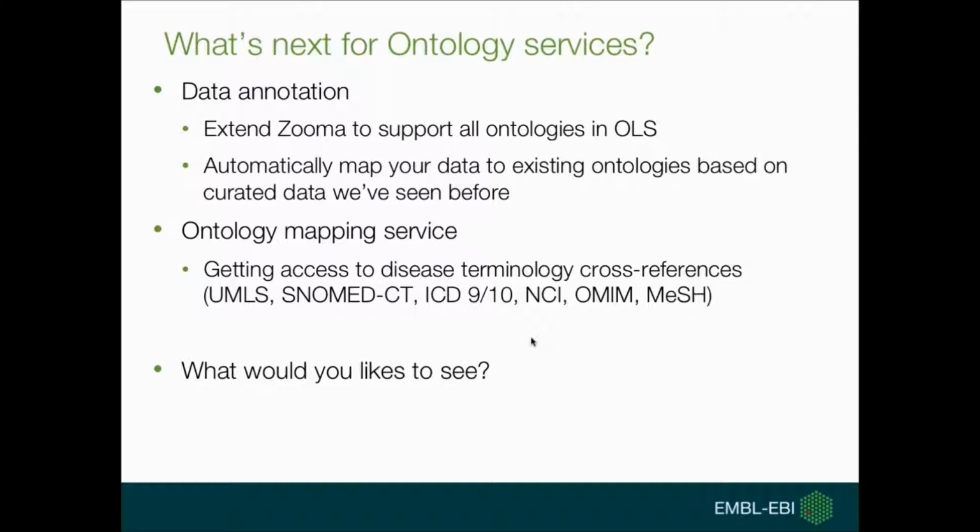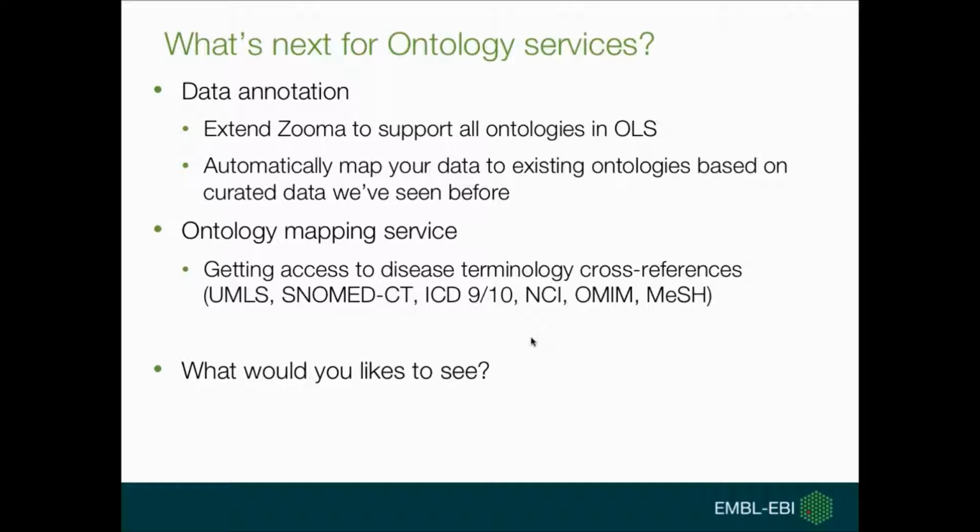And the important thing about the Zoomer system is that it's a system where we can learn from previous mappings. So as soon as we do some high-quality curation on some data, whether it's disease or phenotype data, we can feed that back into the Zoomer system so that the next time we see that data or similar data, we can map to ontologies with some higher confidence.